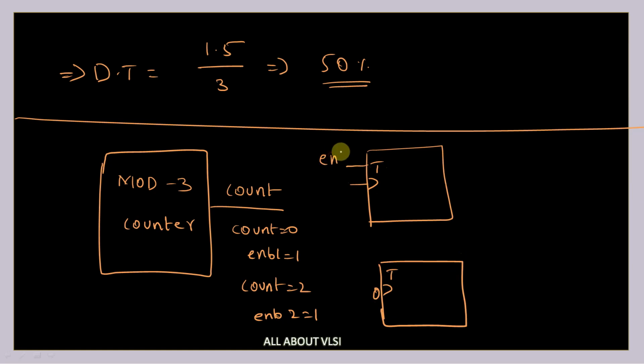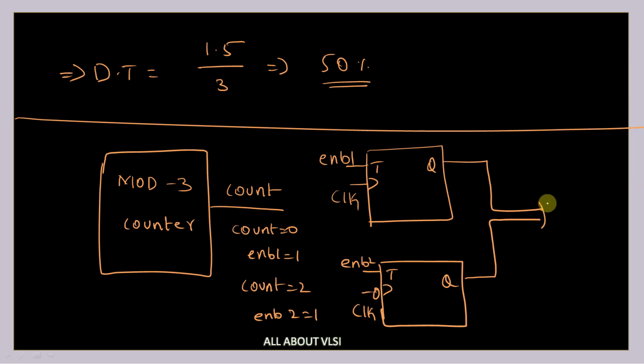Here I am going to apply enable 1 and here enable 2. This is my clock which I have given here. This is Q and this is Q, and the outputs of these two are given to an XOR gate, and here we are going to get F by 3 with 50% duty cycle.